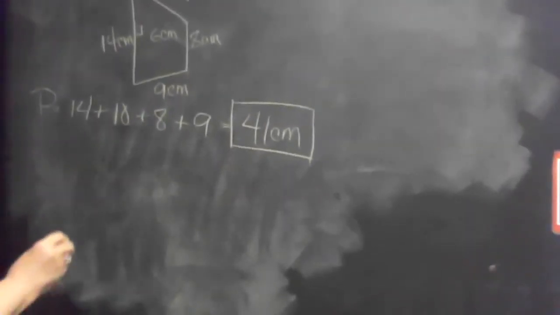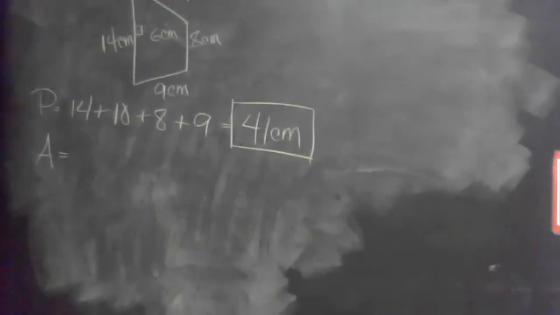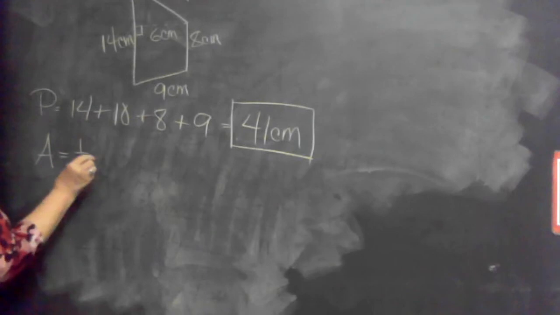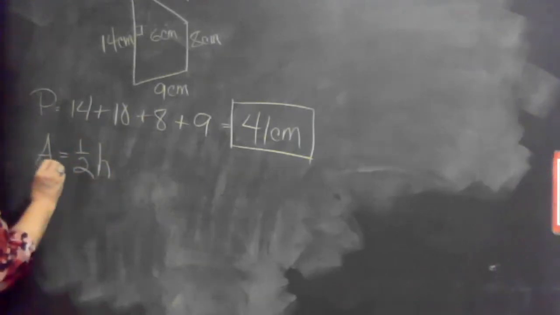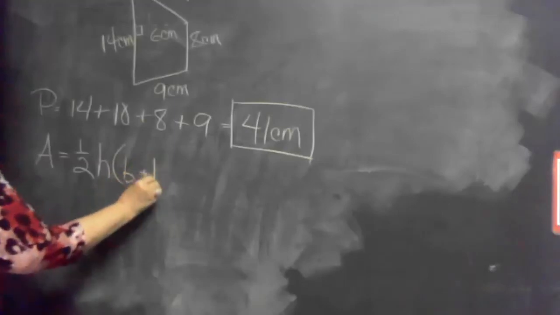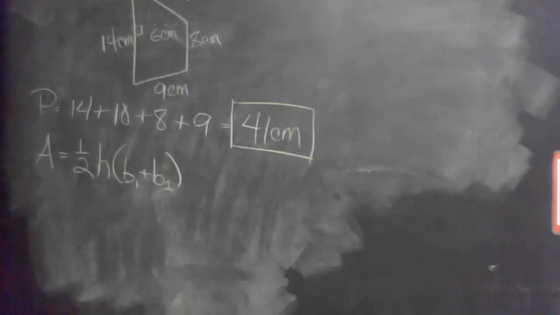Okay, Mary, tell me what the formula for area is for a trapezoid. It's 1/2 H parentheses B1 plus B2. Thank you. Okay, now the key here is where are the bases?